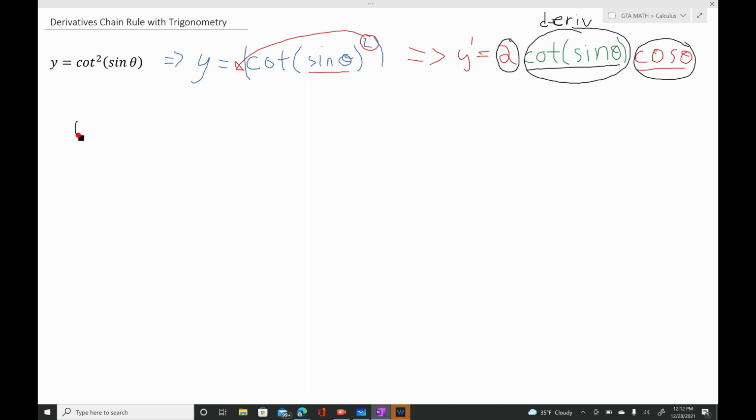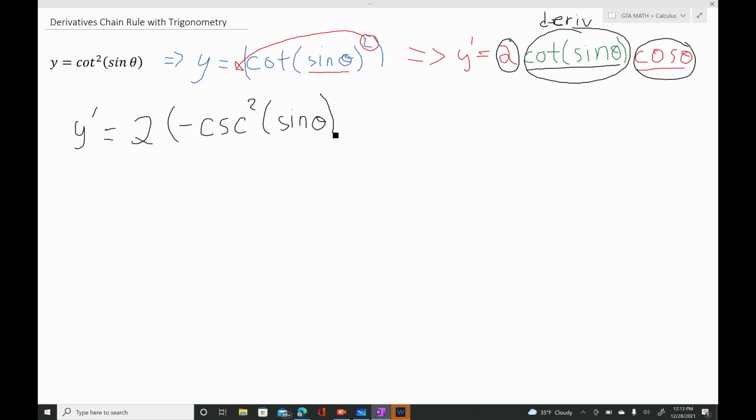So I'm going to write over here, y prime is going to equal 2. And then the derivative of cotangent is negative cosecant squared. So negative cosecant squared. The inside function stays because it's not a product rule. This cosecant squared has an inside function of sine theta.